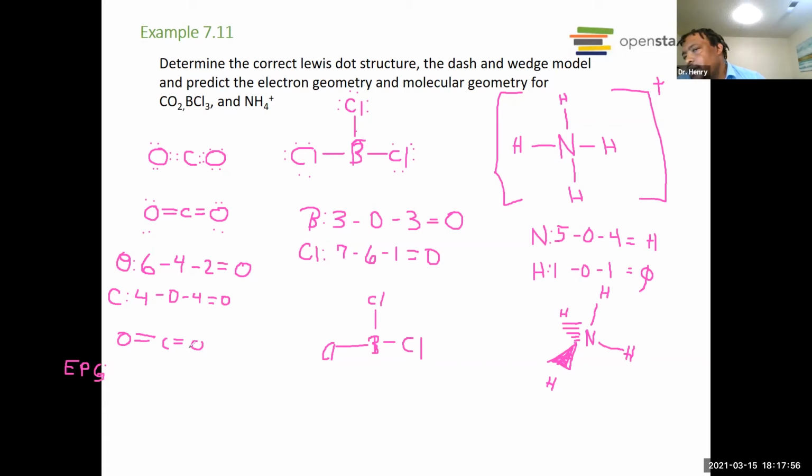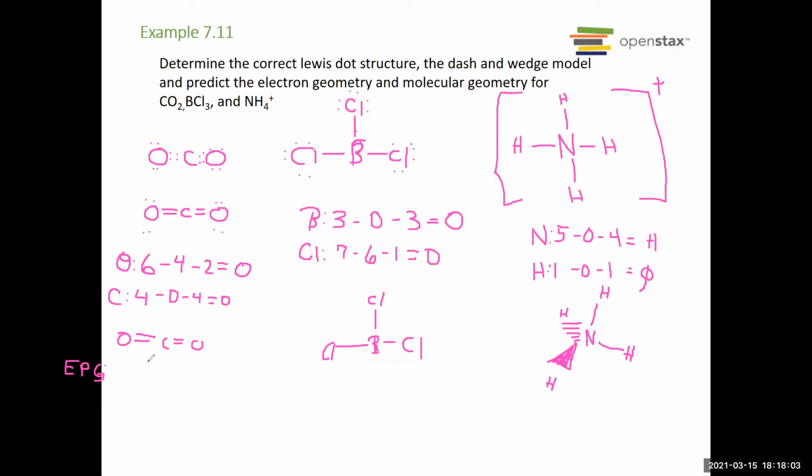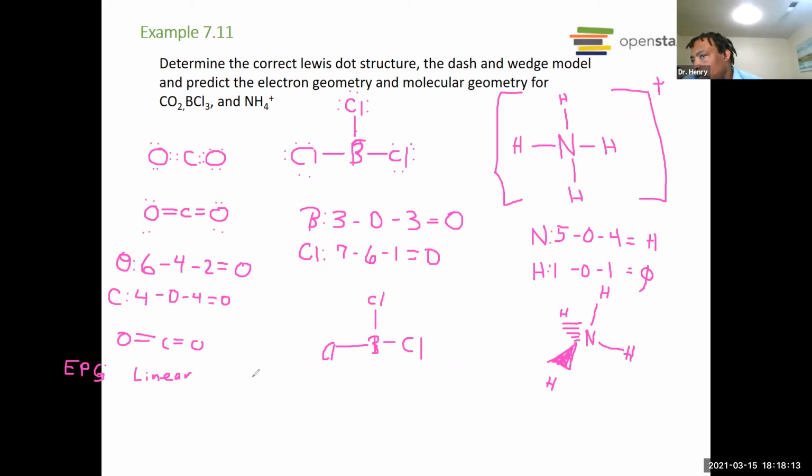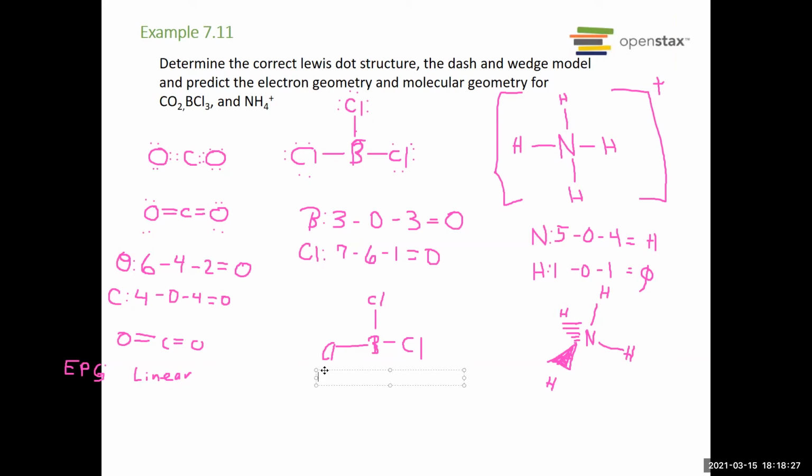Okay, so what will be the electron pair geometry for the carbon in carbon dioxide? Linear. What about boron trichloride? Trigonal planar or pyramidal, whatever it is.